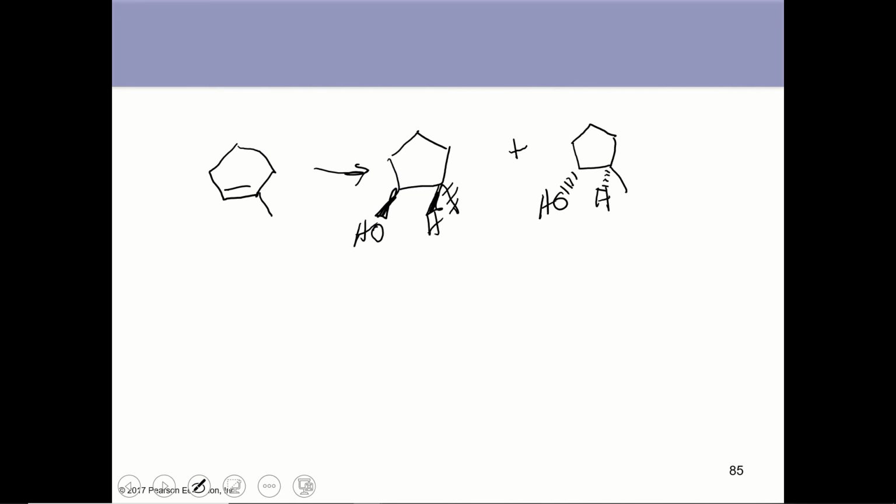And if I draw a hatched hydrogen with a hatched hydroxyl group, then at least one other group on the hydrogen carbon has to be solid. So it helps you to draw the correct enantiomers for hydroboration to draw in the SYN added hydrogen.